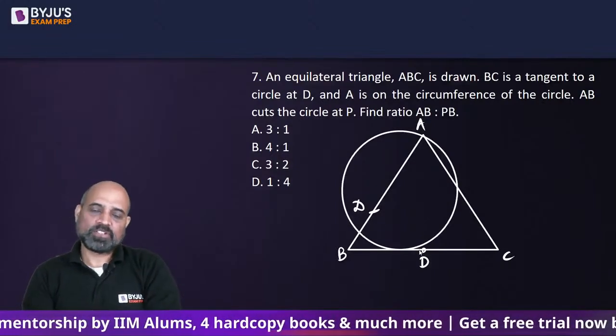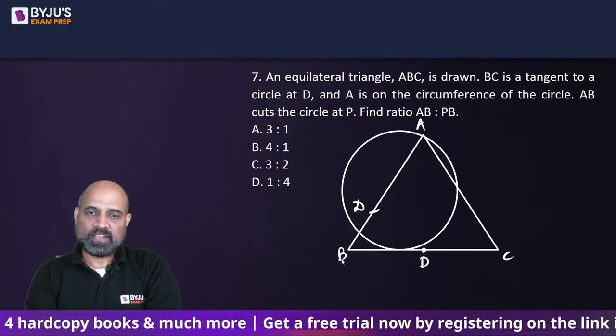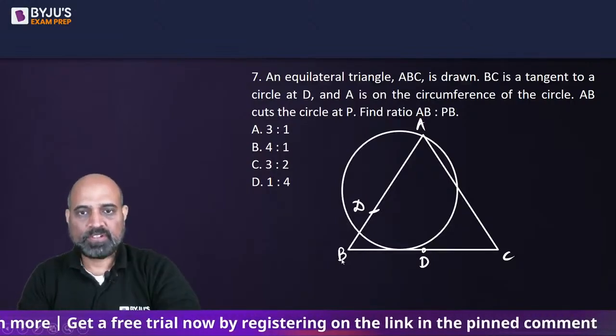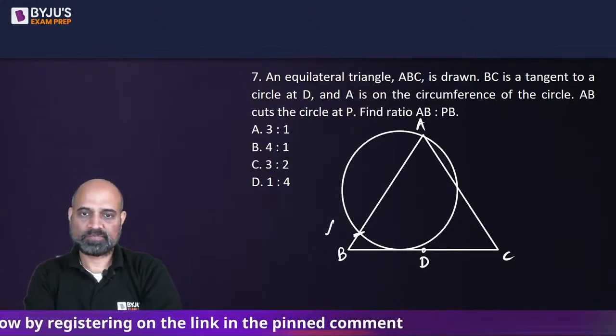It doesn't talk about it, so here the ratio is going to be different, right everyone? AB is going to have a different ratio with AD. Now it has become different, right?